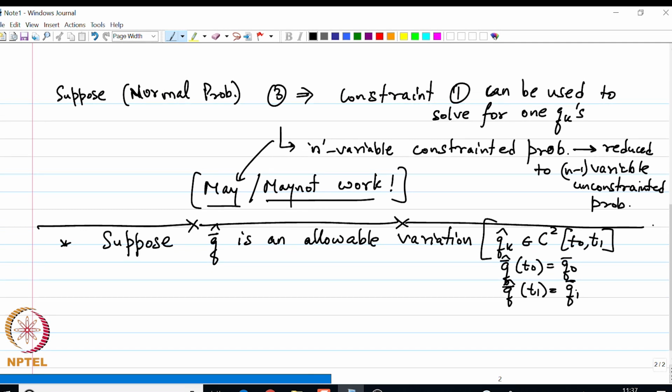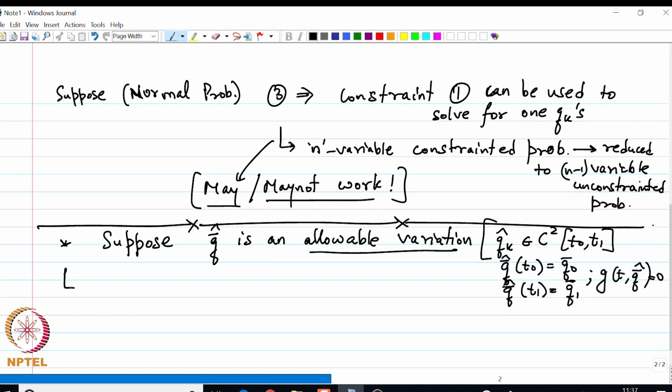So, these are my boundary conditions, and further the constraint is also satisfied. So, when I say allowable variations, these are the set of conditions that q bar hat must satisfy.